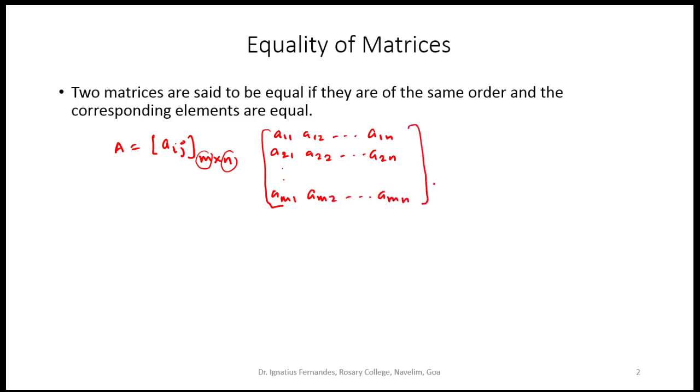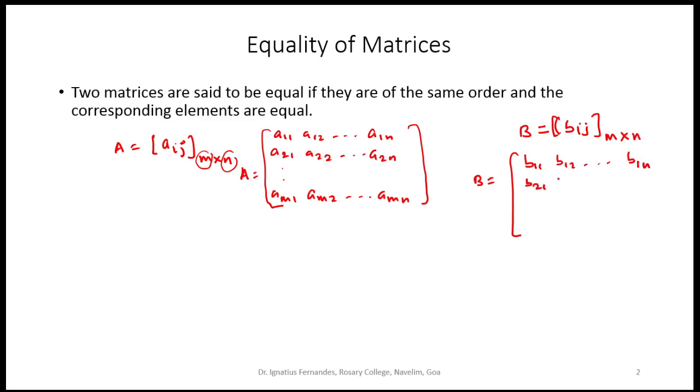So if this is the matrix A, and suppose the matrix B that I have, for the two matrices to be equal, their order first has to be same. So if I have a matrix B, Bij, then the order of this should be equal to m by n. In that case, this B should be of the form, say B11, B12 and so on, B1n.